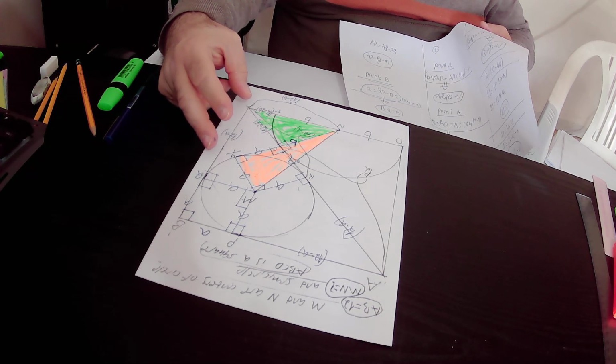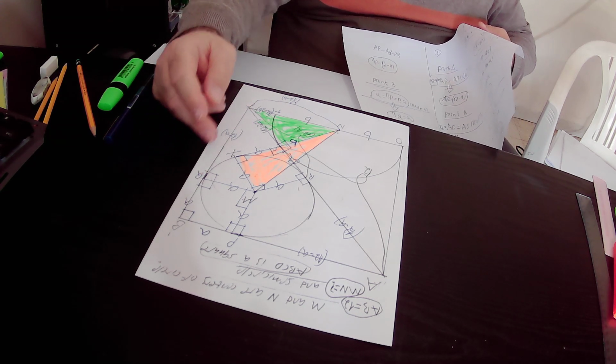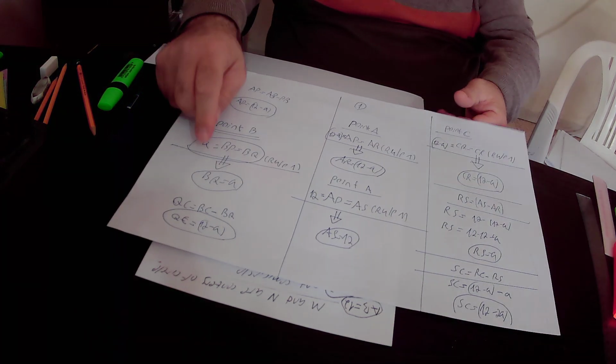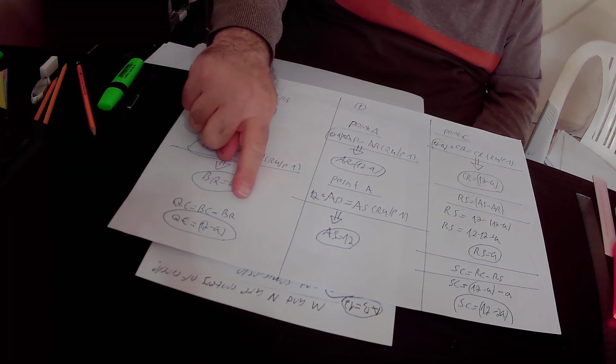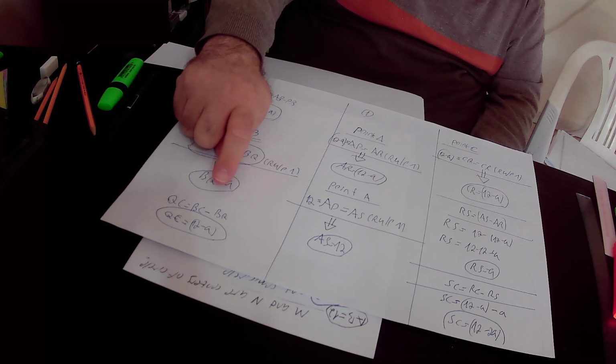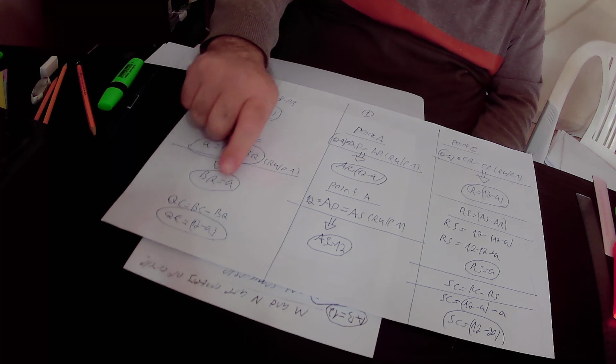The length of line segment QC will be equal to BC minus BQ, but BC equals 12, BQ equals A, so in conclusion we found out that QC equals 12 minus A.